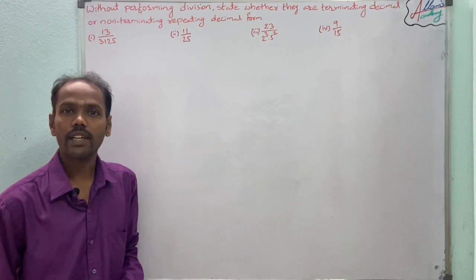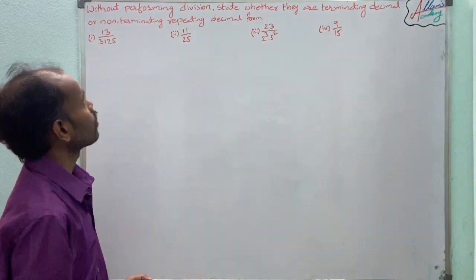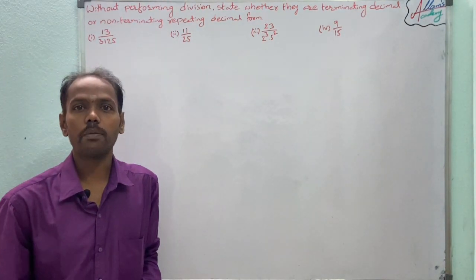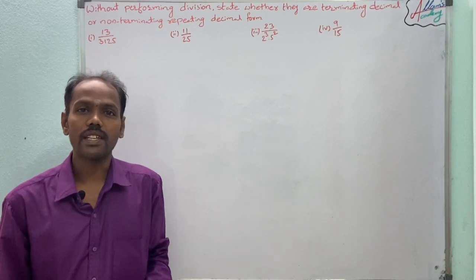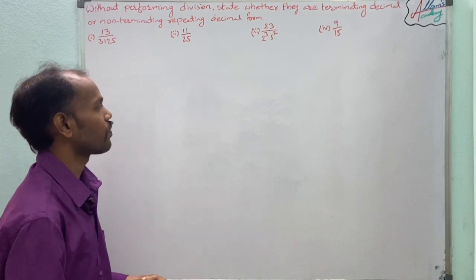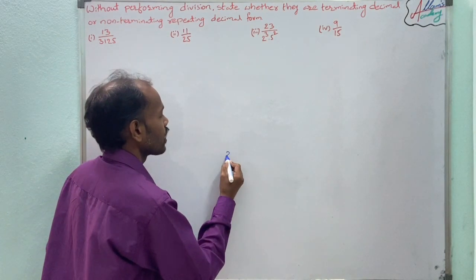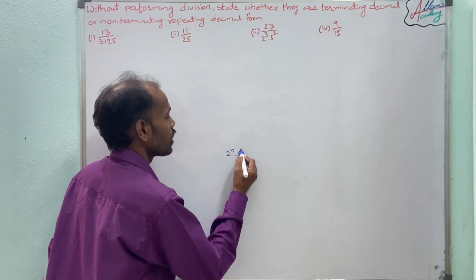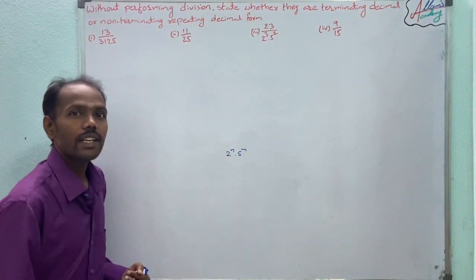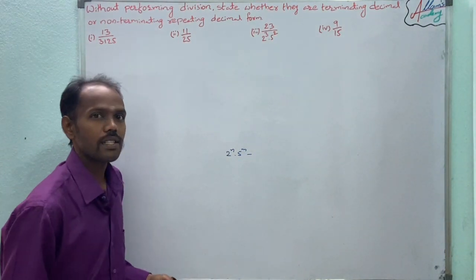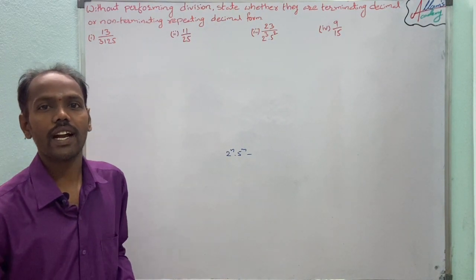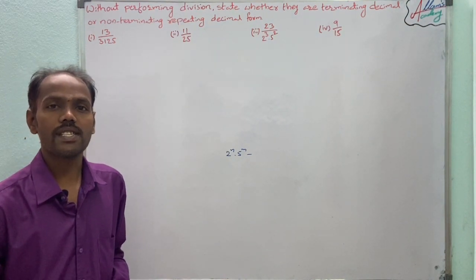So without doing division, we decide whether they are terminating or non-terminating. Already we said, if the denominator is in the form of 2 power n into 5 power m, then it will be a terminating decimal, otherwise it is a non-terminating decimal.